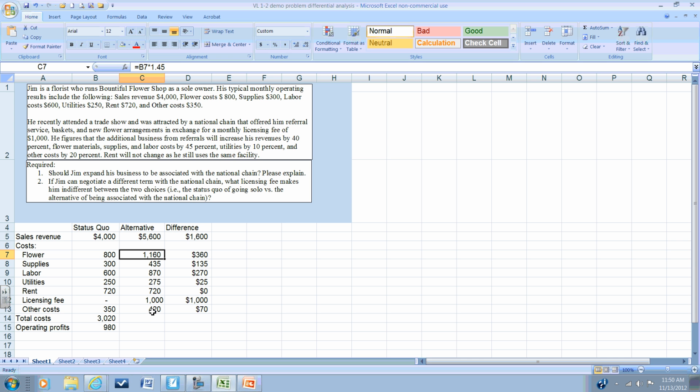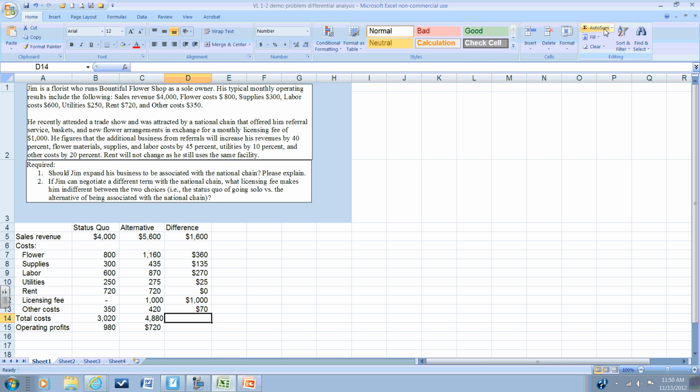So let's take a look at our choices. Let's sum up the total cost for our alternative. Our revenue minus our total cost for the alternative produces an operating profit of only $720 versus our current $980.